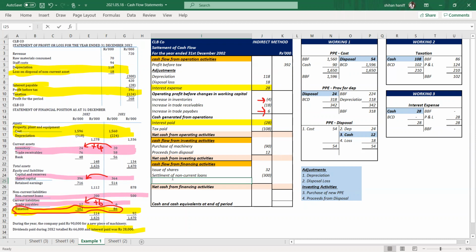And there is a dividend payment, 66,000.